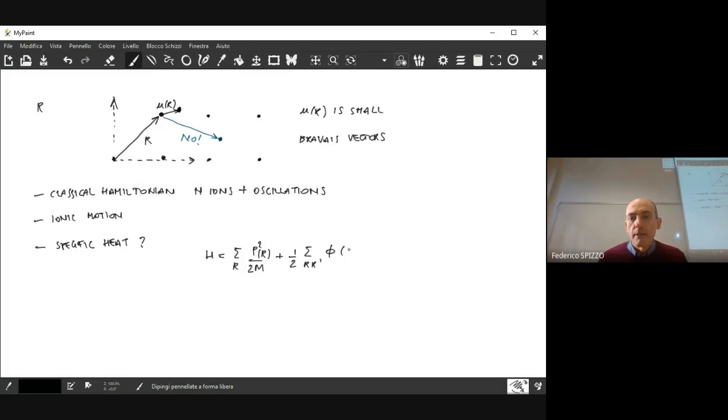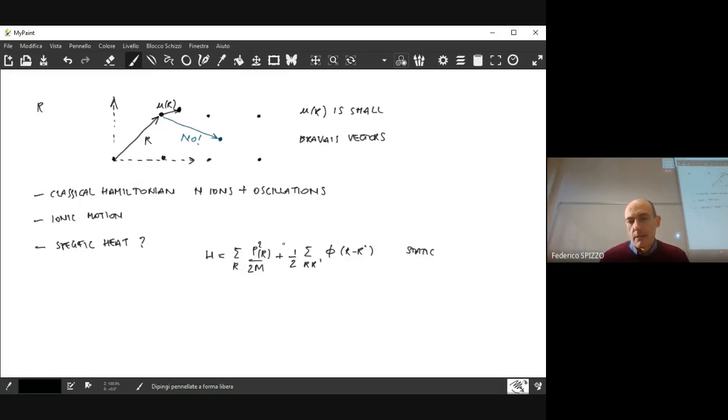And this depends on the distance between the ions. So this is the static approximation, where static means that all the ions are fixed and they interact with each other but are still fixed.